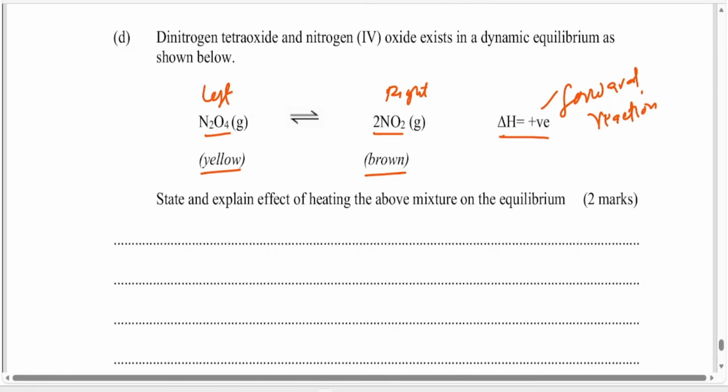Increasing temperature will favor the forward reaction, and the forward reaction is proceeding to the right. So we say the equilibrium will shift to the right. We state the effect, not an observation. If it was an observation, it would focus more on the colors, but now we state the effect. The equilibrium will shift to the right.